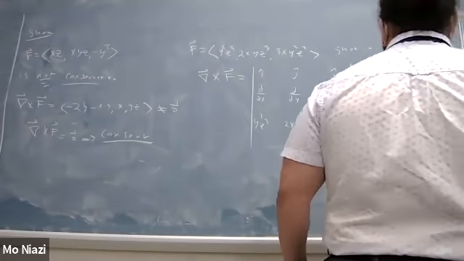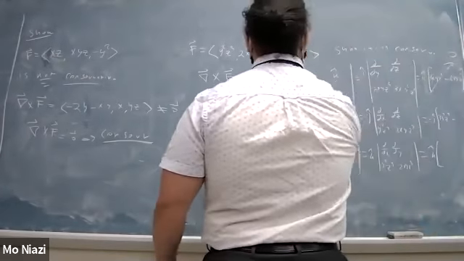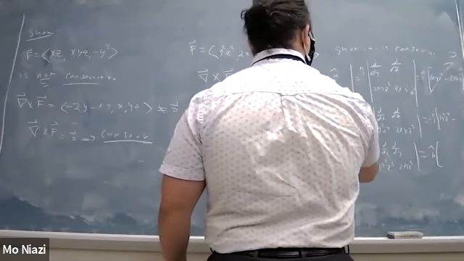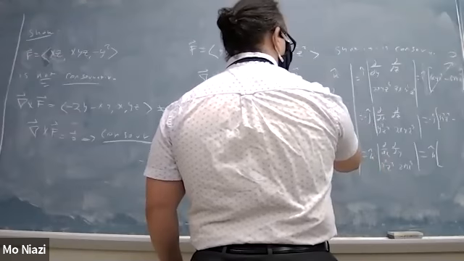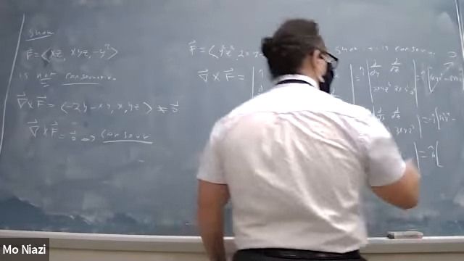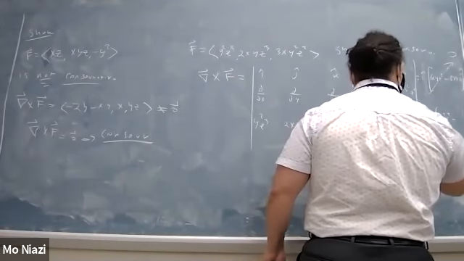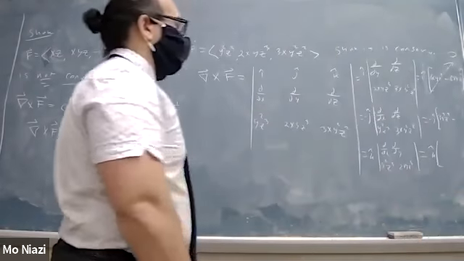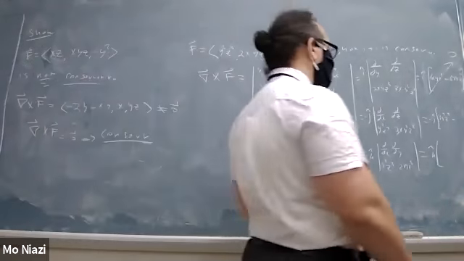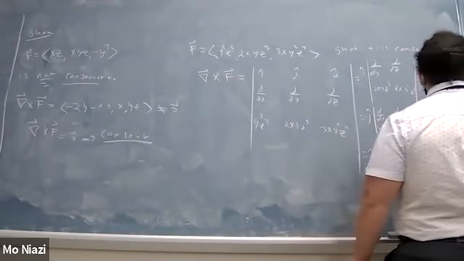Did I mess something up here? J, so partial x, partial z. Oh yeah, this should have been a 3xy squared z squared over here. I put the wrong entry in there. So when we do partial x of that, it becomes 3y squared z squared.